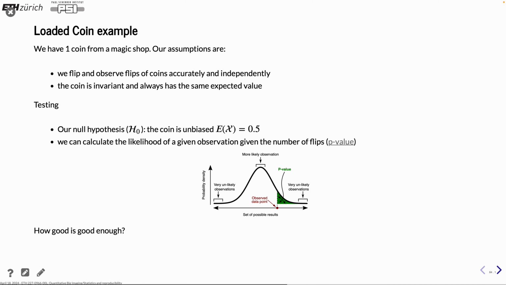That means we should have an expectation of 0.5. Now we can calculate the likelihood of a given observation from a number of flips. And there we come to the so-called p-value, which is the probability of the observations. So the question is, how many observations do we need to be good enough?